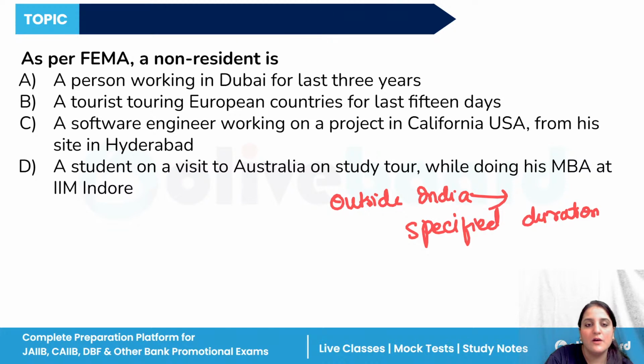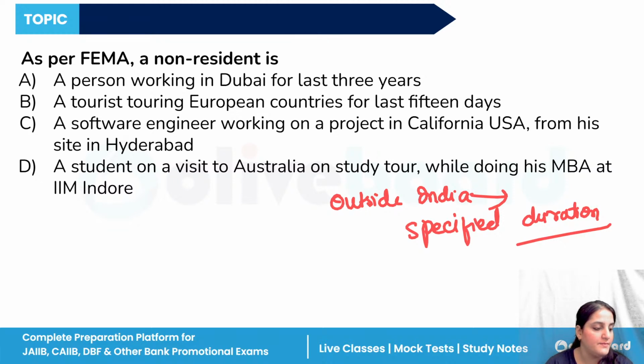Basically, we can say usually not residing in India for more than 182 days during the preceding financial year, or not residing for more than 60 days in the current financial year and 365 days in the last 4 years combined.